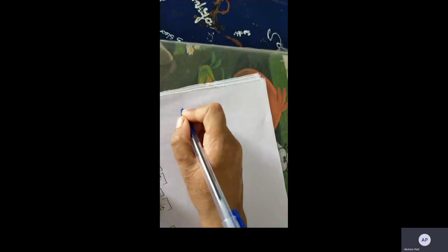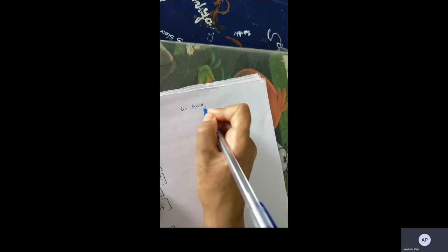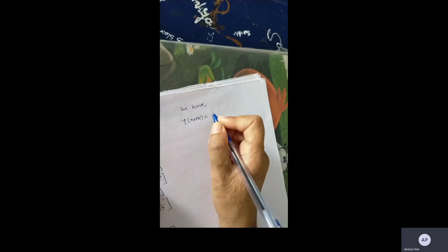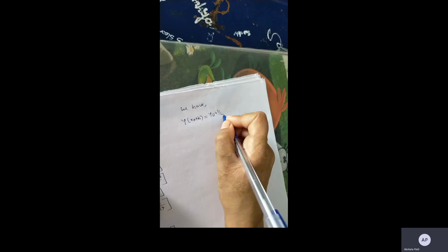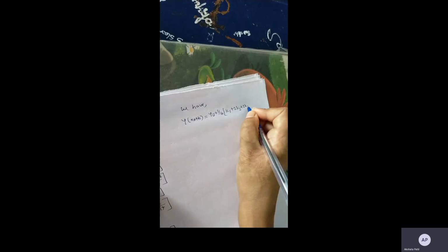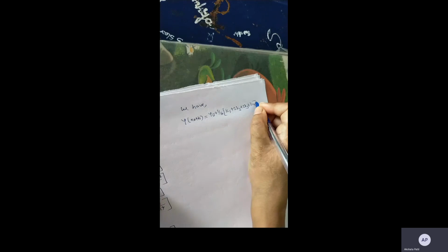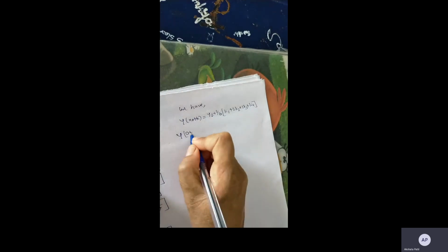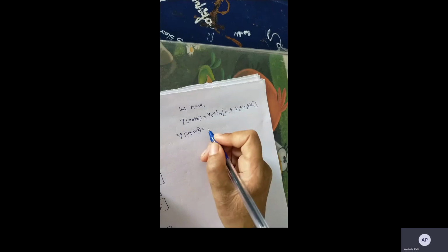Here we will write once again, we have the y of x naught plus h formula. So we know the formula, y naught plus 1 by 6 into k1 plus 2 k2 plus 2 k3 plus k4. We know here x naught value is 0 plus h is 0.2, which equals y naught.